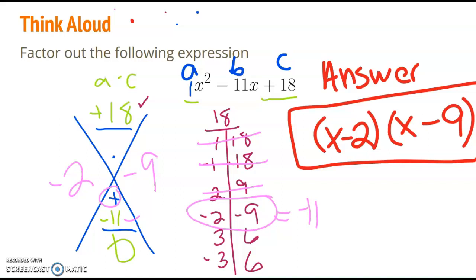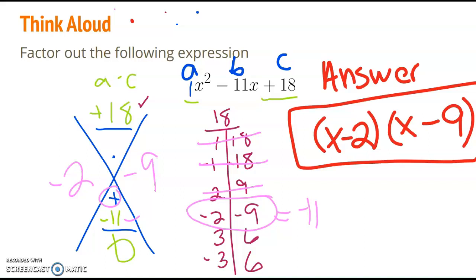All right. So it did say factor this expression. The very first thing is I made sure that all of my terms had a coefficient. If not, I gave it a coefficient of 1, and I have A, B, and C. I labeled it mainly because it does help me set up my diamond method.